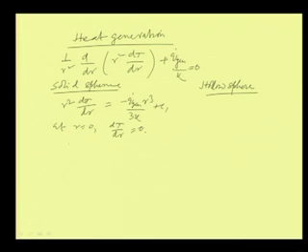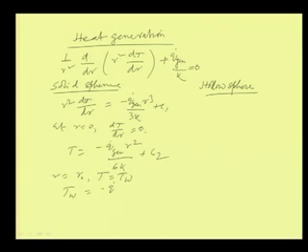Therefore, finally we get T is equal to minus q dot gen r square by 6 k plus C 2. At r is equal to, say, r naught, T is equal to T w, and from that we get T w is equal to minus q dot gen r naught square by 6 k plus C 2.